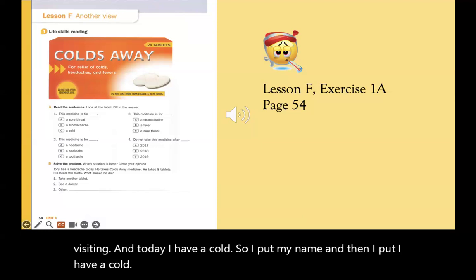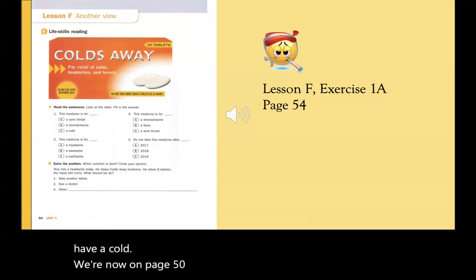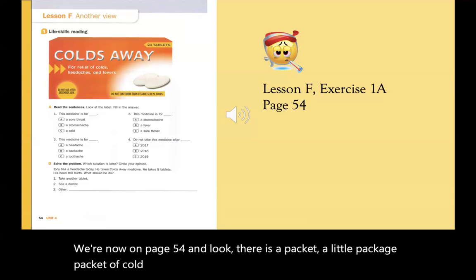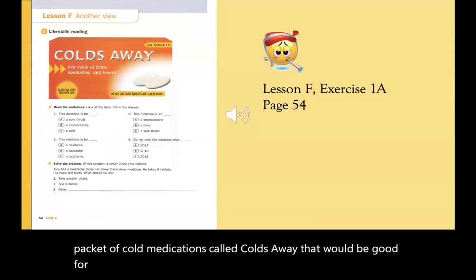We're now on page 54, and look, there is a little package of cold medication. It's called Colds Away. That would be good for this season, okay? And we have to read on the box, and we have to answer questions.